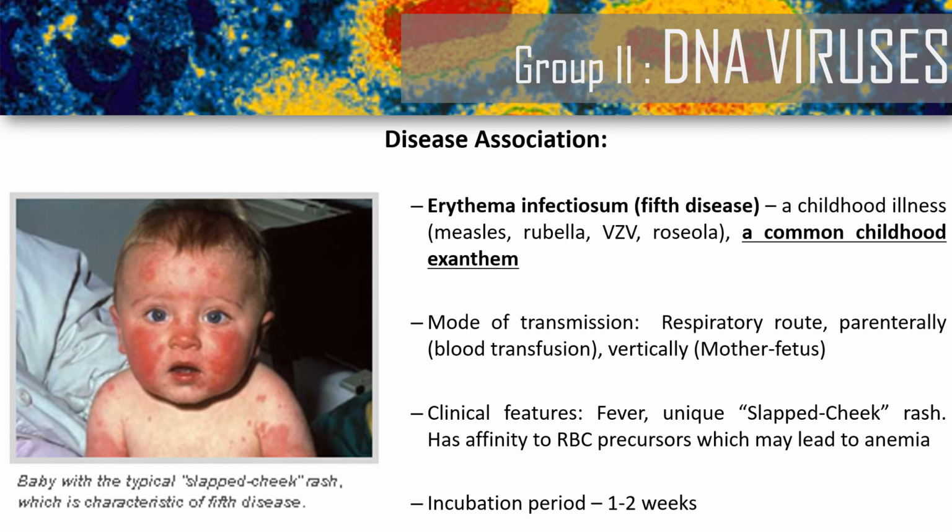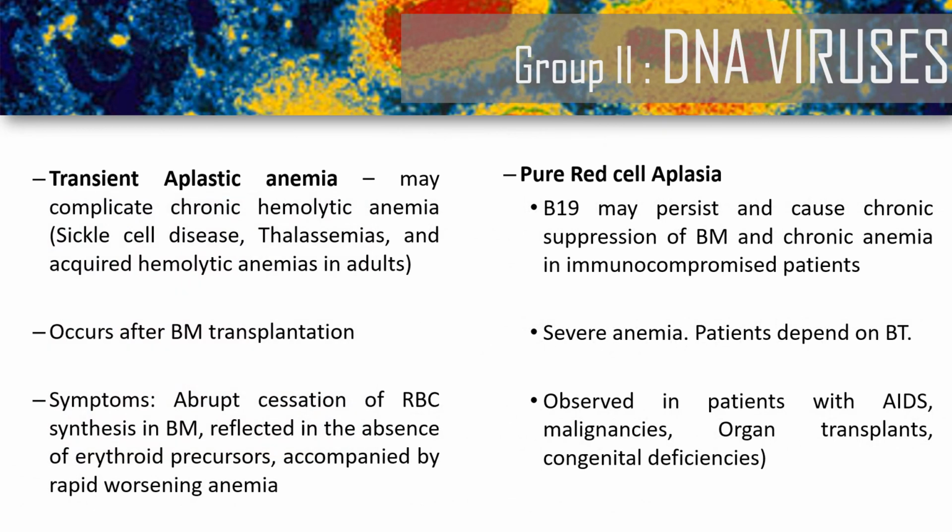Has an affinity to RBC precursors, which may lead to anemia, as I mentioned earlier, class. Incubation period naman, class, is 1 to 2 weeks. So, ito yung mga na-mention ko kanina. Describe ko na lang, class. Transient aplastic anemia may complicate chronic hemolytic anemia, sickle cell disease, thalassemias, and acquired hemolytic anemia in adults.